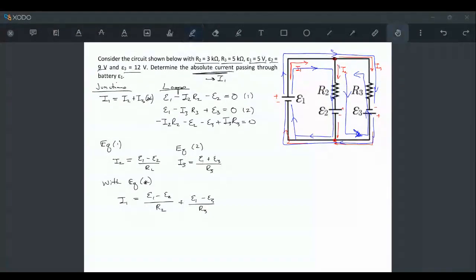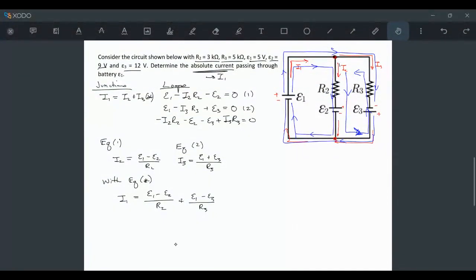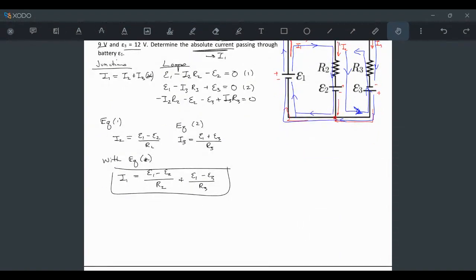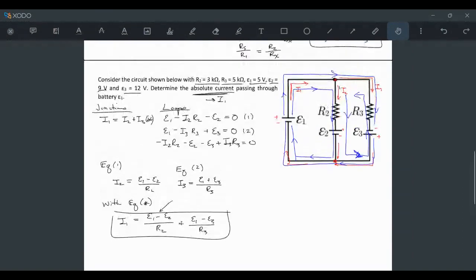So this is where we could stop and say this is the final answer. At the very least I'll box it off. But I normally don't do this, though I think it's useful at this point to put some of the numbers in because of this minus sign right here. If you look at the first loop that we drew, on the inside you have epsilon 1, epsilon 2, and R2.